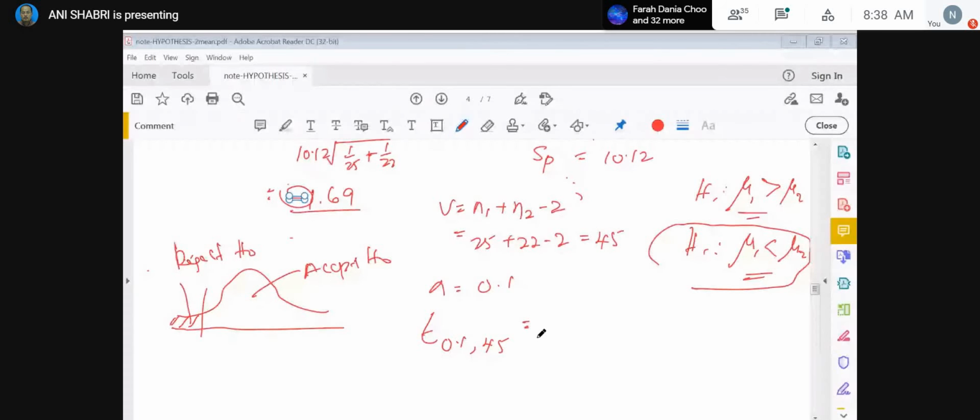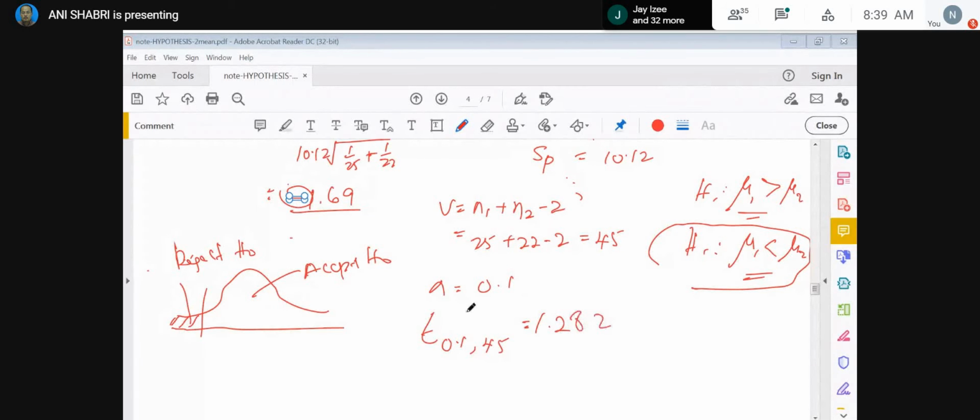Alpha 0.1, dia gunakan infinity because yang terbesar 40 je. After that using infinity, we get the point here, nilai dia 1.282. Ambil yang lebih daripada 40, you just take 1.282.